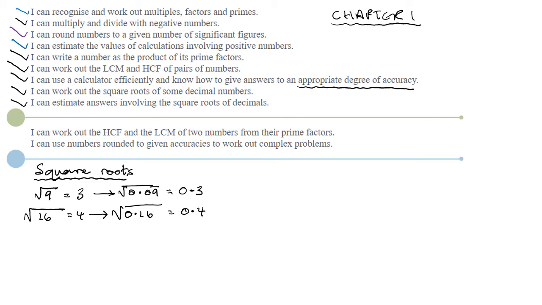And we'll do one more. Let's say I knew the square root of 81 is 9, then the square root of 0.81 is going to be 0.9. So they're useful to know and to work out. If you know the square root of a whole number, you can use it to work out the square roots of some decimals.